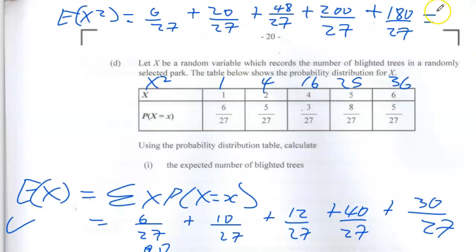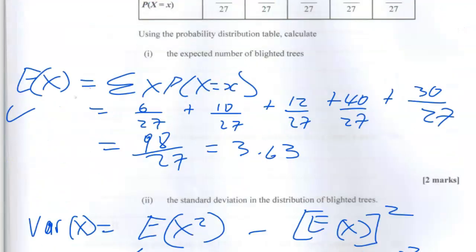I'm getting 454 over 27, which is equal to 16.81, using 2 decimal places. So E of x squared is 16.81.